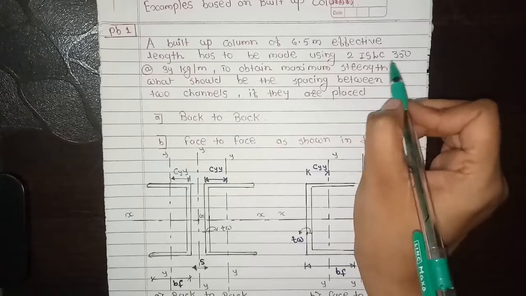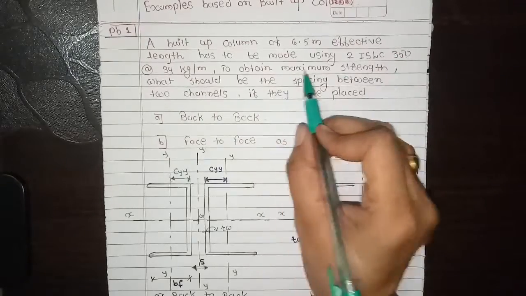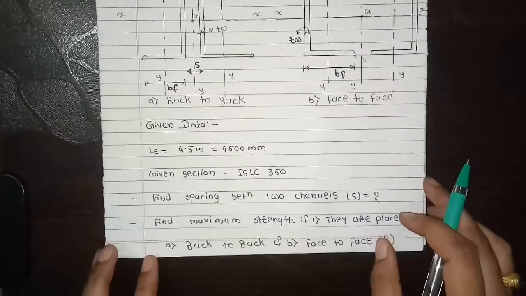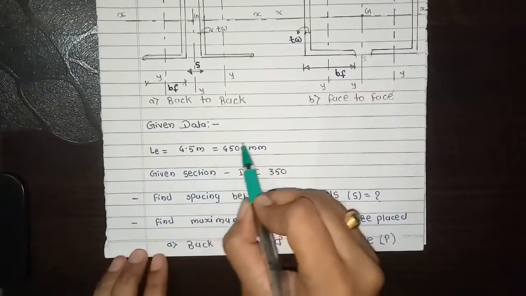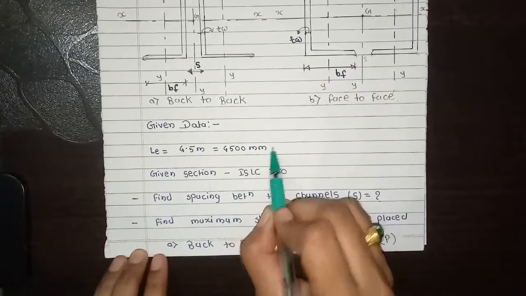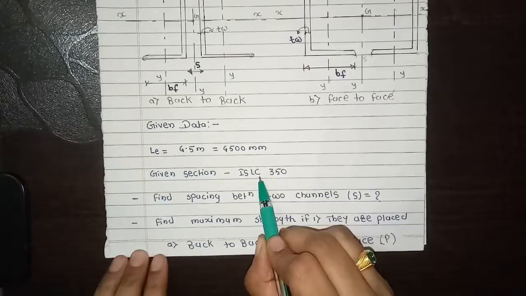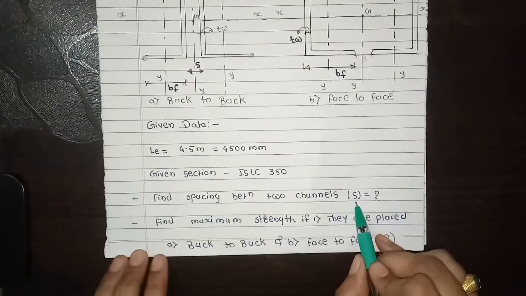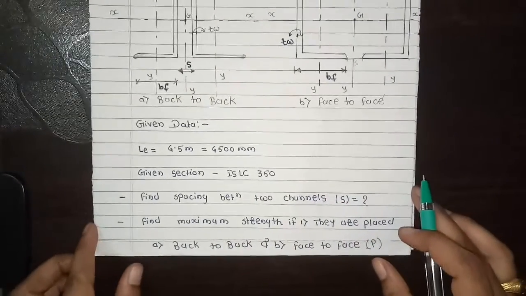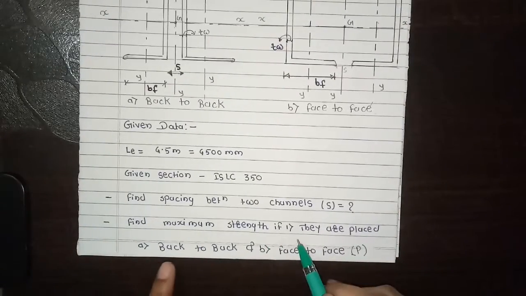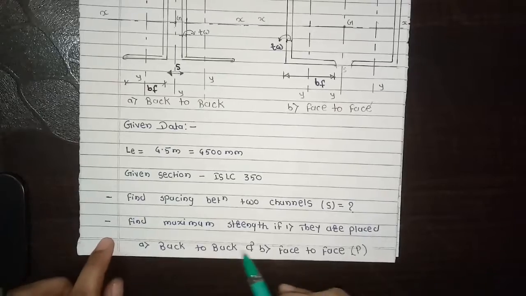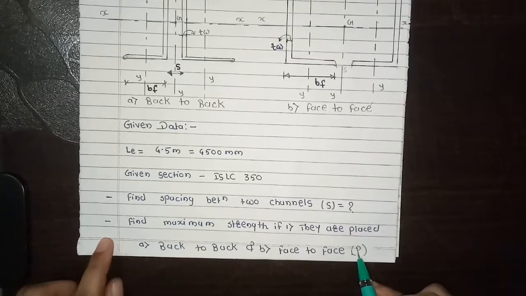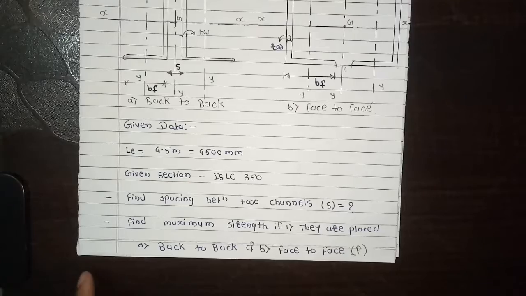Find the spacing between the two channels, denoted by S, and find the maximum strength, denoted by P, if they are placed back to back and face to face. So we will see the first step.